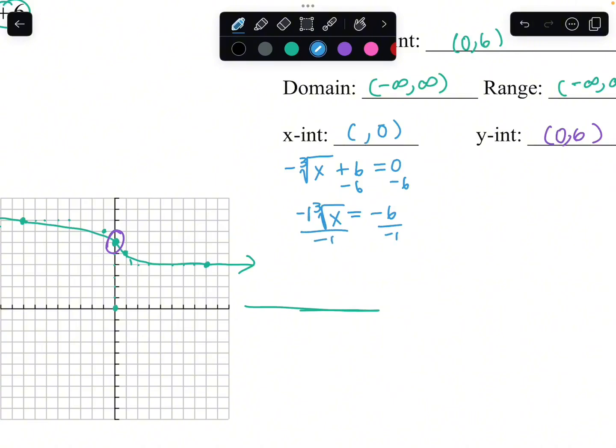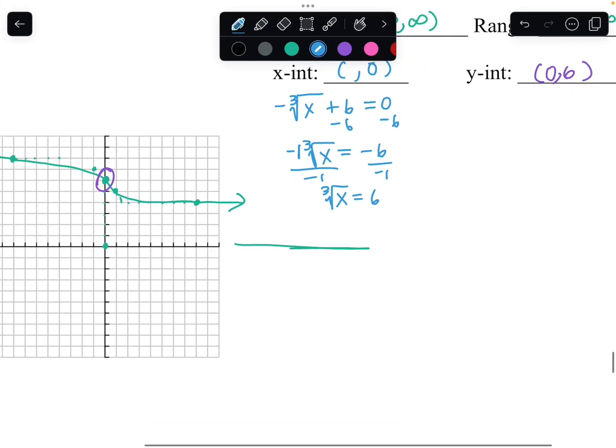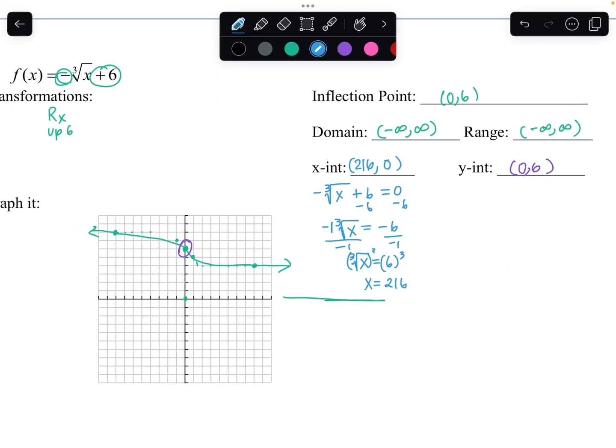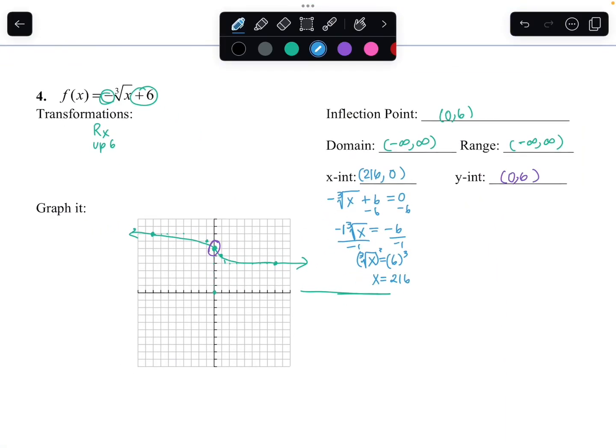Technically, this is a negative 1 that we need to divide by. So cube root of x equals positive 6. And then we can cube both sides. And so x equals 216. And so that would not show up on our graph. So 216, comma 0 for the x-intercept.